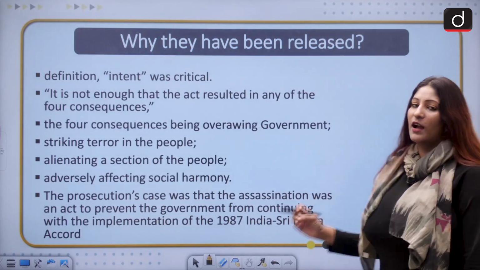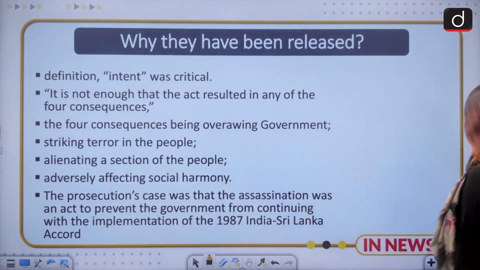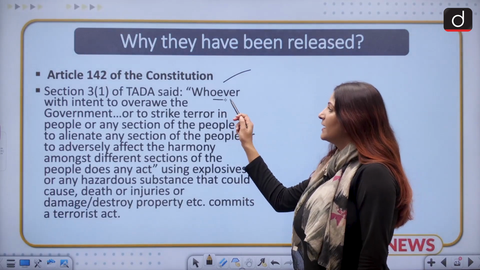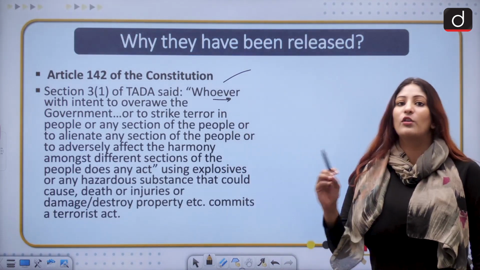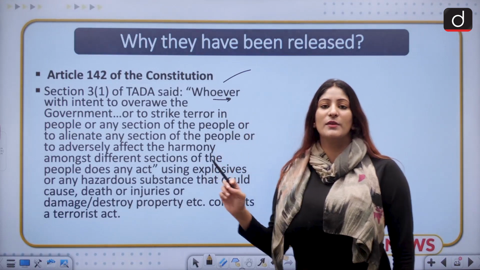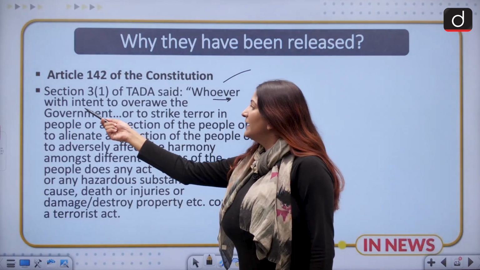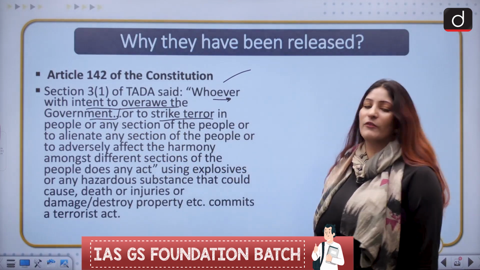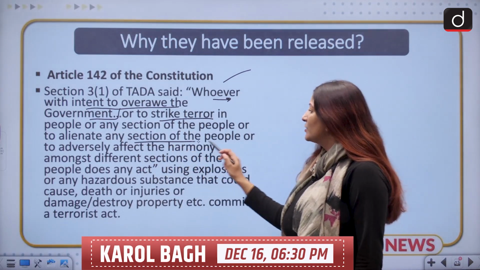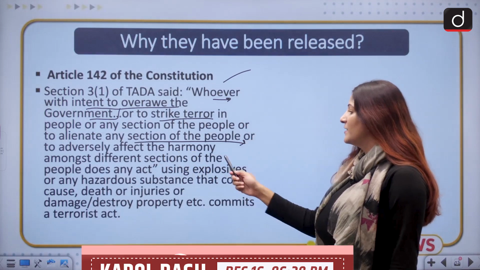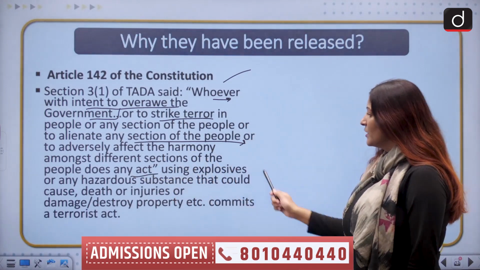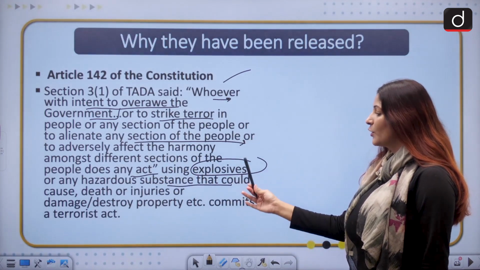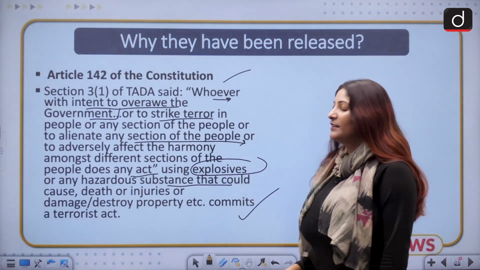Now let's move ahead. Again, first Article 142, but we also have to talk about TADA Section 3. Section 3 Clause 1 of TADA said that whoever, with intent to overawe the government, these are the criteria under which any person can be convicted, with intent to overawe the government, or to strike terror in people or any section of people, or to alienate any section of people or adversely affect the harmony amongst different sections of the people, does any act using explosives or any hazardous substances that could cause death or injuries or damage, destroy properties, commits a terrorist act.